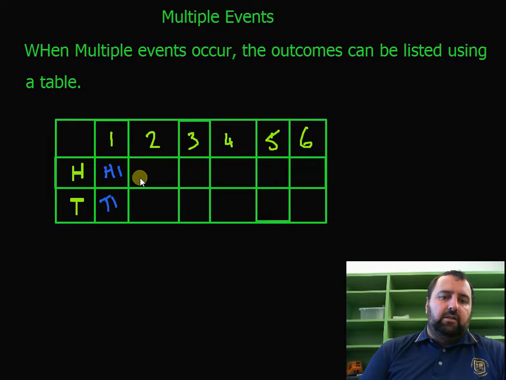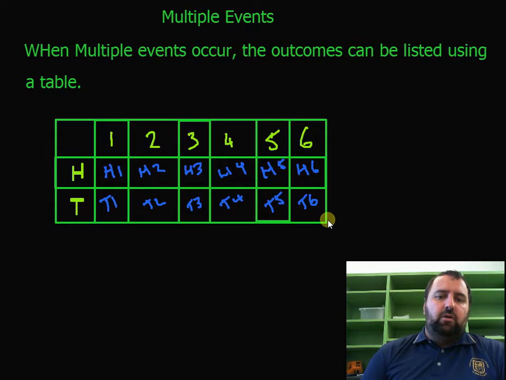Here I've got a tail and the number 1, head and number 2, tail number 2, head 3, tail 3, head 4, tail 4, head 5, tail 5, head 6, and tail 6. So I've come up with 12 possible outcomes for this.